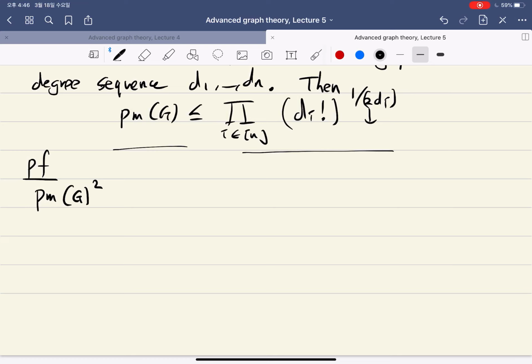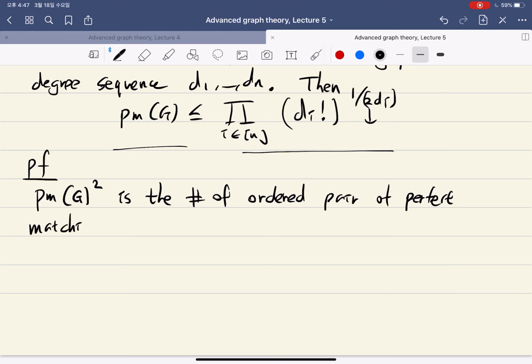This is the same as the number of ordered pairs of perfect matchings in G. This single term counts all the perfect matchings, so if you count the number of ordered pairs of perfect matchings M, M', then obviously you get the perfect matchings of G squared.